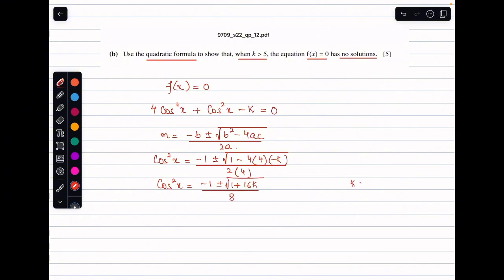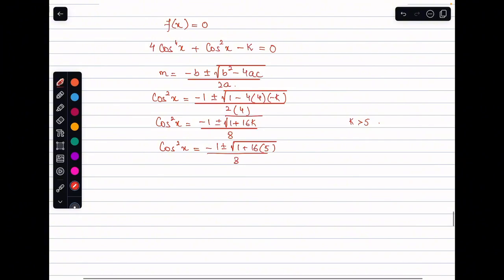k should be greater than 5, so I will be substituting my k with a 5. 16 times 5 here divided by 8. So it's going to be cos square x equals negative 1 plus minus under root 1 plus 80, divided by 8.